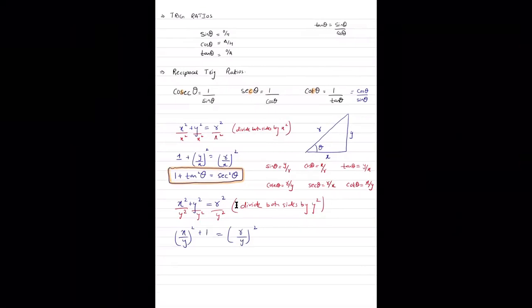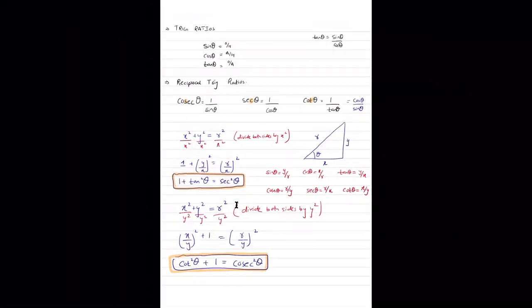Cot theta, so cot square theta plus 1, and r upon y is going to be cosec square theta. This is another identity that we are going to make use of. And the identity from P1, sine square theta plus cos square theta equals 1, that identity is universal. You are going to use it in P3 as well. These are the two new identities that are going to be helpful.